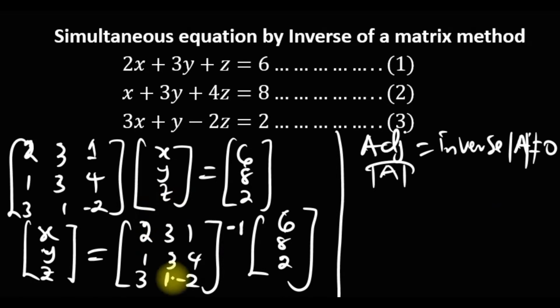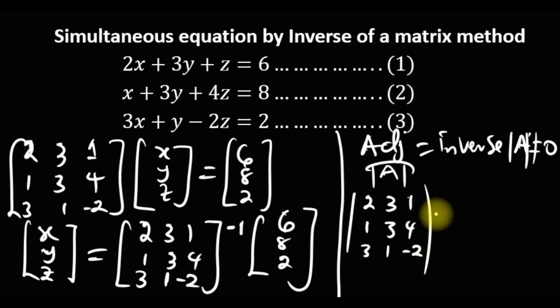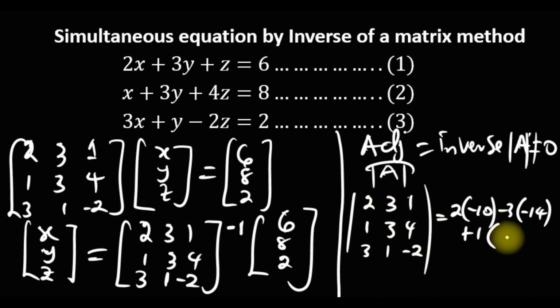So we'll first find the determinant of this. So let's get the determinant of 2, 3, 1, 1, 3, 4, 3, 1, minus 2. Using the first row, I have 2 times minus 10, minus 3 times minus 14, and finally plus 1 times 1 minus 9.